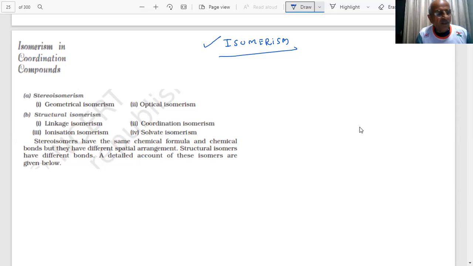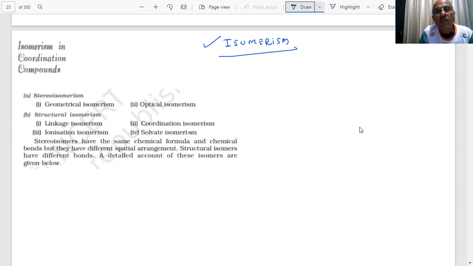What is the meaning of isomers, student, in chemistry? You have been told about isomers in organic chemistry. They have the same molecular formula but different structures, and these compounds were called isomers.